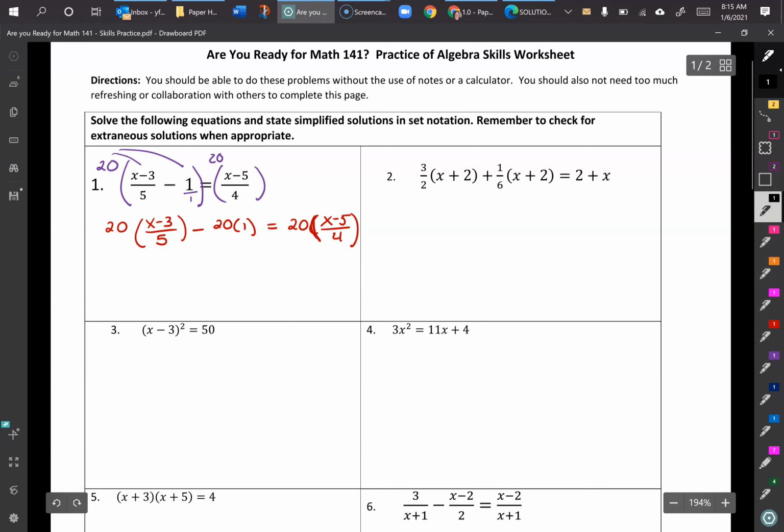Then we would go ahead and reduce where we can. So we would have 20 divided by 5 is going to give us 4 there, and this one's all set. Then I would have this 20 over 4 becomes 5. Now you can just kind of do it here. What I actually do is I kind of squeeze in, like I'll just go, okay, I'm going to multiply every term by 20.